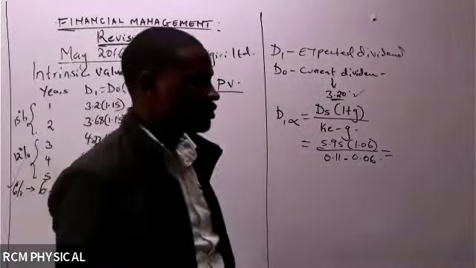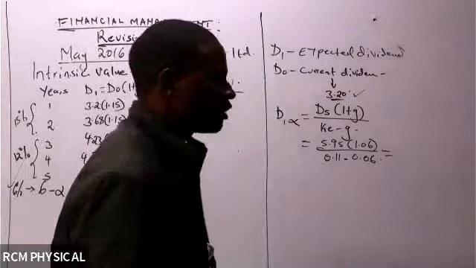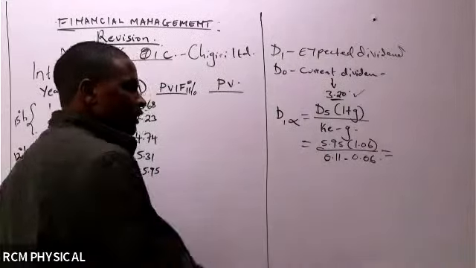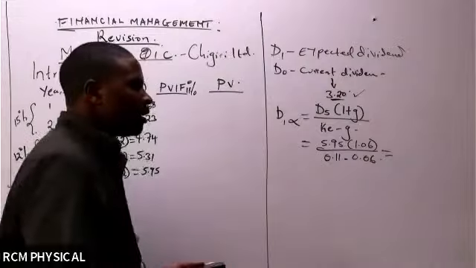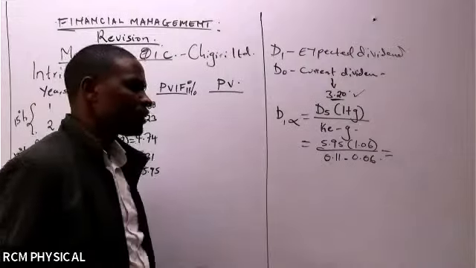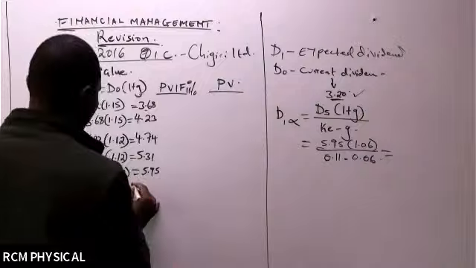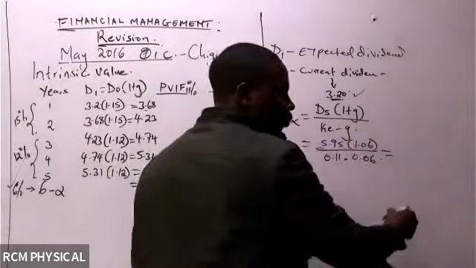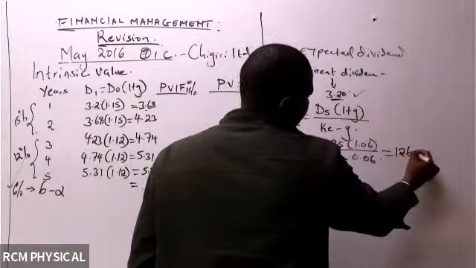That will be very important. Give me the value of our year 6 to infinite. What do you get? 126.1.